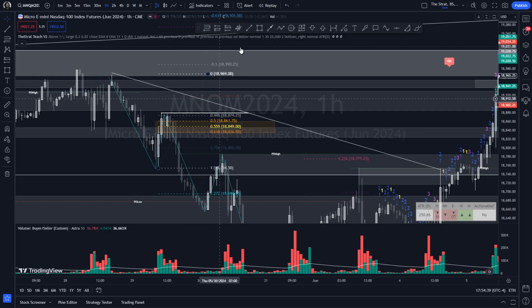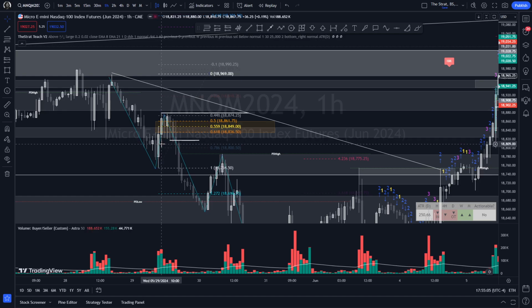If you wanted to short this, you could either go off of the fib or off of this two down here. The reason I say that is because it breaks the previous candle.